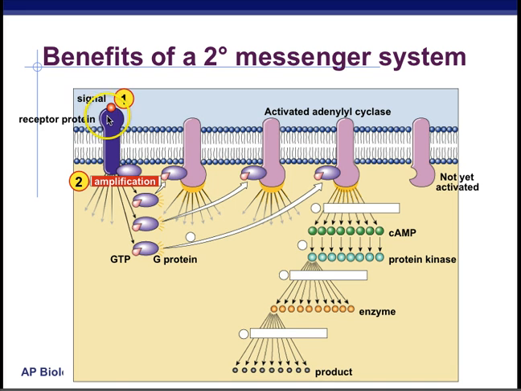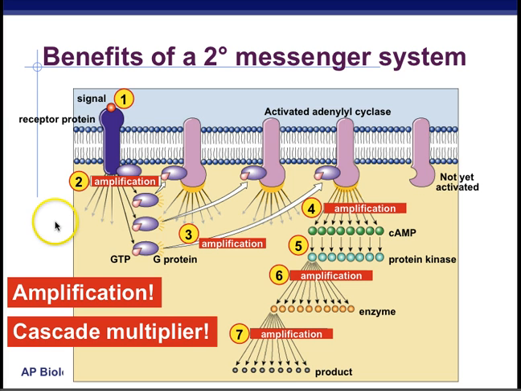So this tiny little signal that lands on a receptor protein causes, depending on the signal and the receptor protein, at times a really amplified effect. And we can have one signal causing an amplified effect on a bunch of different proteins at once. And so one signal can cause a very large effect. So we'll see this amplification in action right here.